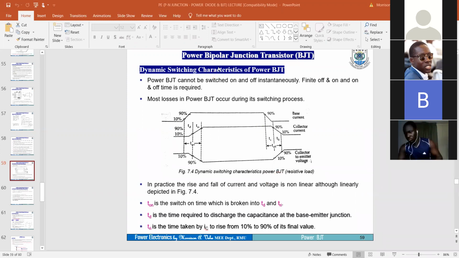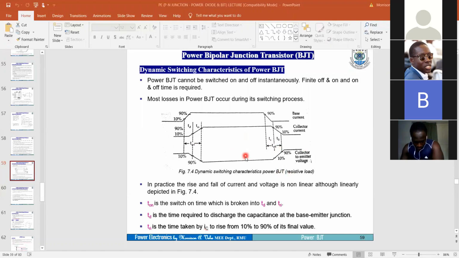This curve gives us an idea of some time periods or processes.